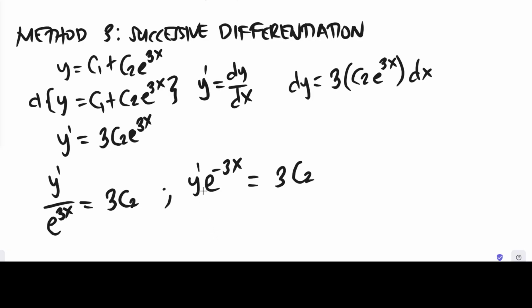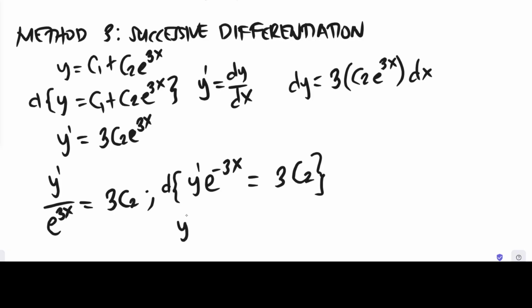I will be using the product rule because I'm more comfortable with that. So differentiate both sides. The derivative of UV is equal to U dV plus V dU. So U will be y prime, V will be e raised to negative 3x.